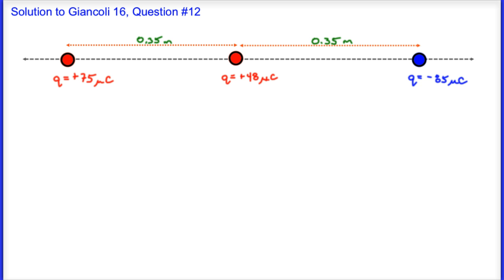I'm going to start by first identifying these numbers. I'm going to call this charge right here charge number 1, the one in the middle charge number 2, and the one on the right-hand side charge number 3.